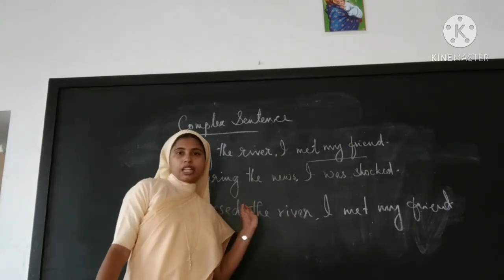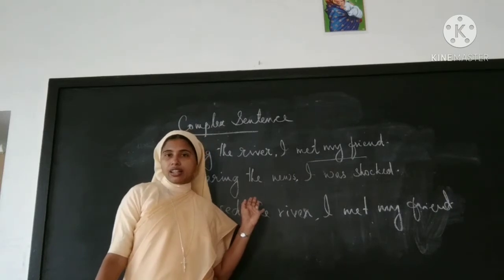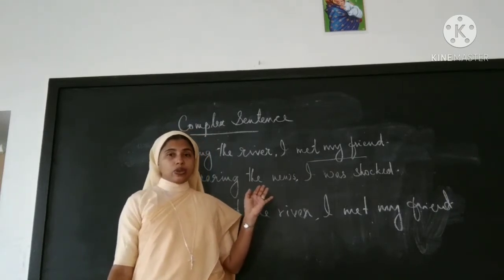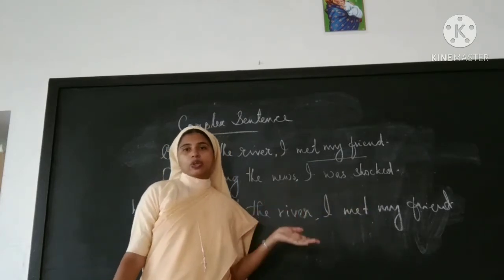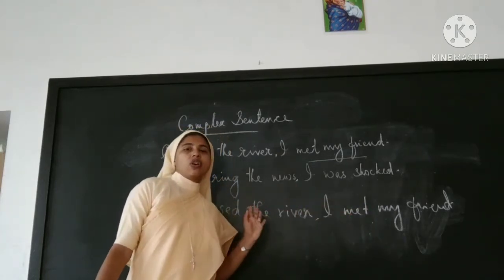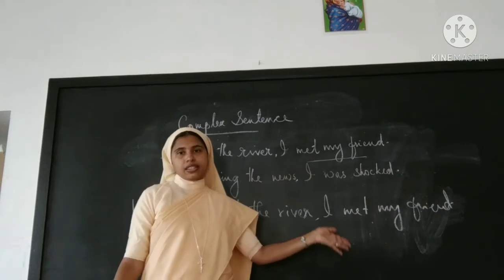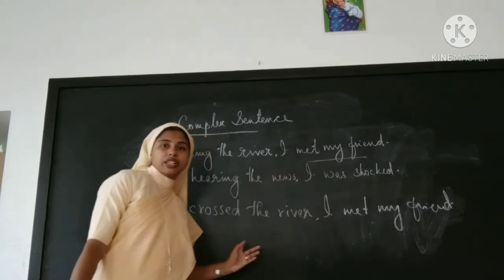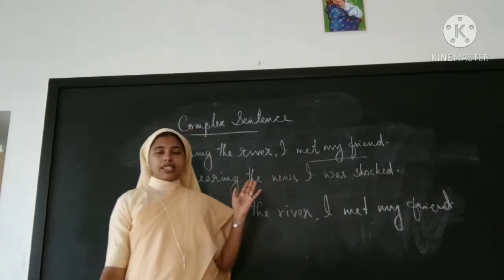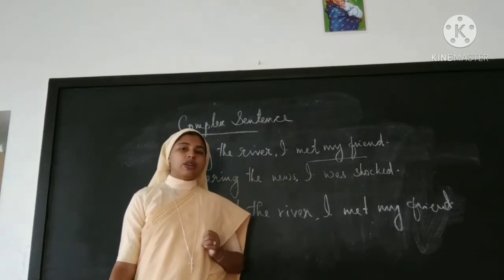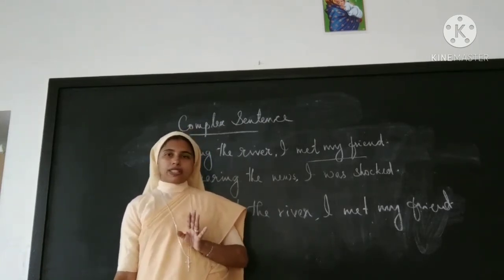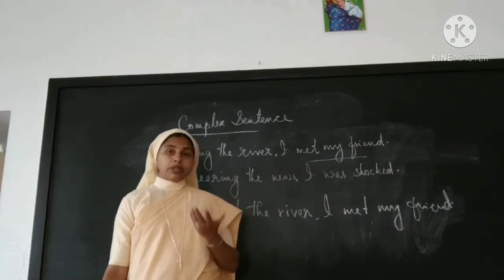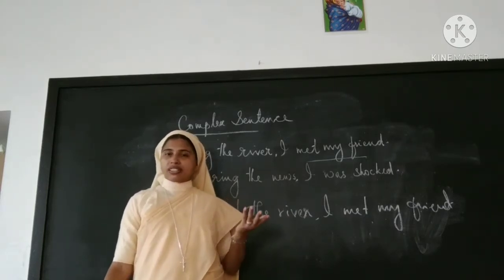That is why this is called a subordinate clause or dependent clause, whereas this is the main clause. So this is called a complex sentence because there is a subordinate clause in this sentence. There must be a subordinate clause in order to make it a complex sentence.